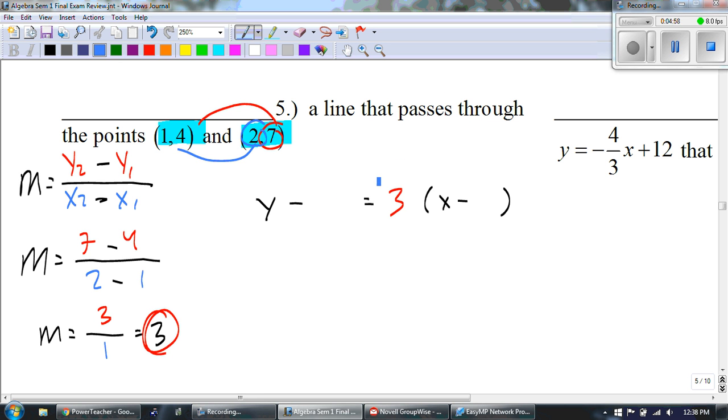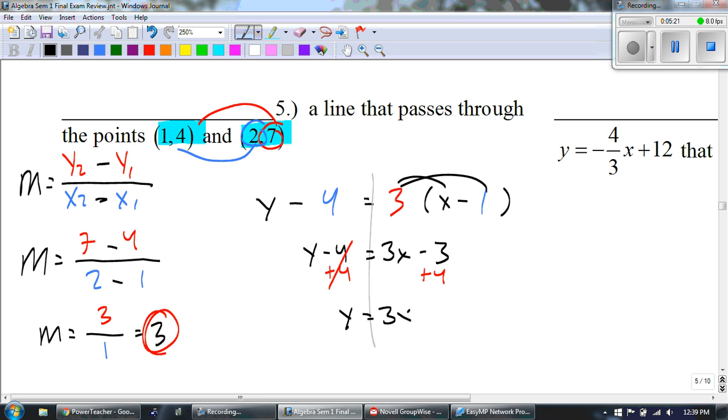It doesn't matter which one, I'm just going to pick the 1, 4 because the numbers are a little smaller. The left side is easy, and then we need to distribute 3 times x and 3 times 1. Add 4 to both sides, and y equals 3x plus 1.